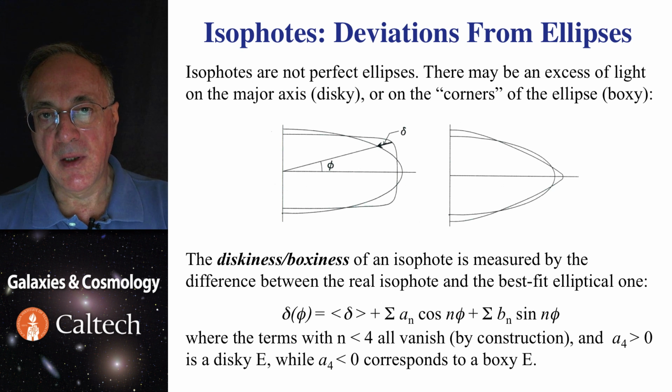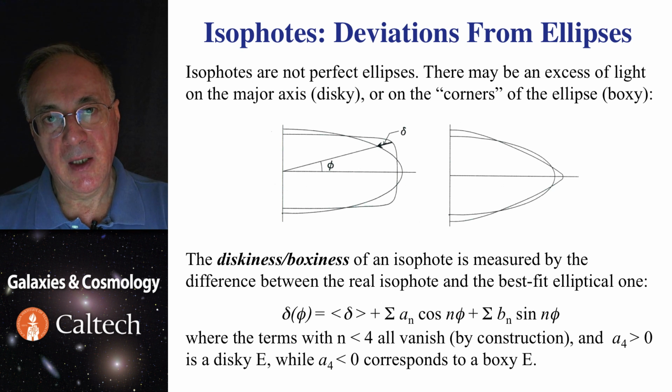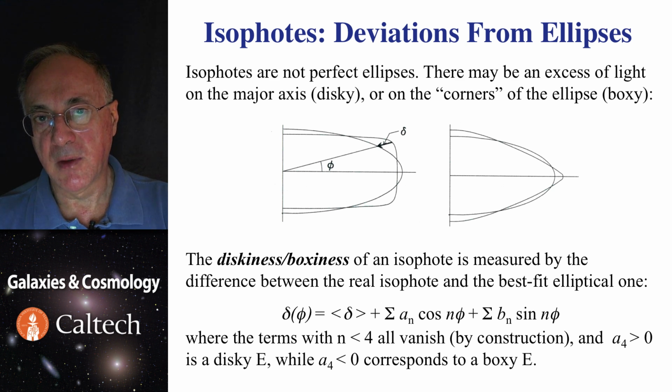The other possibility is if they're out of phase. And so then you get kind of bumps between the major and minor axes. Those are called boxy ellipticals, and we believe that their shape is due more to anisotropy and less to rotation, whereas disks are always supported by rotation, even if the larger elliptical component is supported by anisotropy.